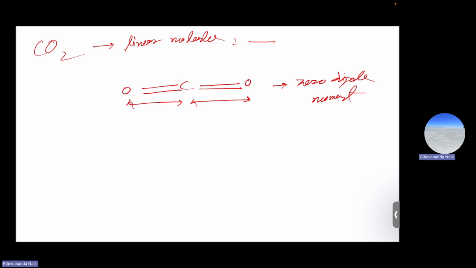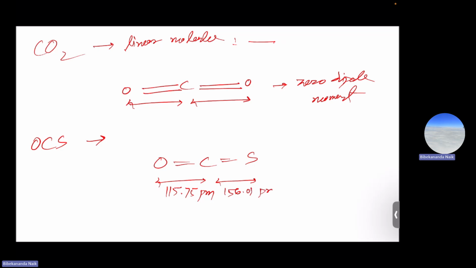OCS is a linear molecule where one side is sulfur and the other side is oxygen. But here the bond lengths are different, because the moment on the CO side is different from the moment on the CS side. Here the bond length is 115.75 picometer, and here it is 156.01 picometer.